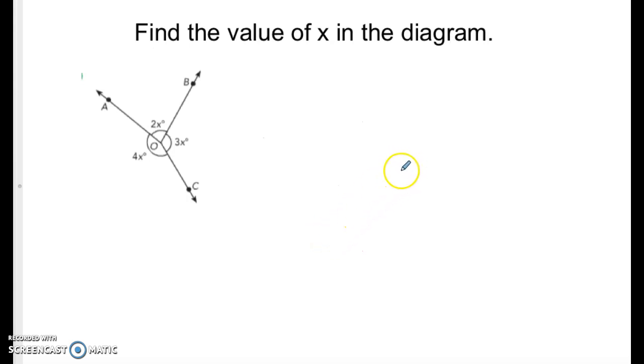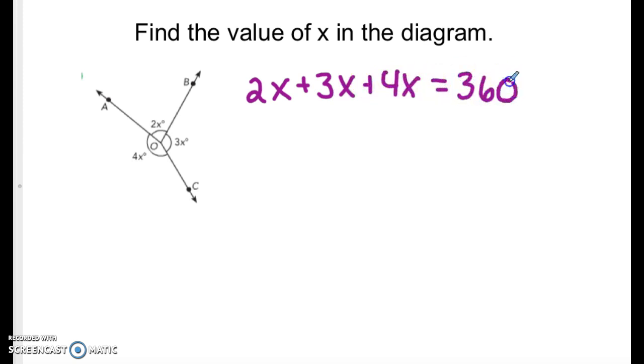In this example, we want to find the value of x in the diagram. We see here that these three angles share a vertex and they form a circle. So we know that 2x plus 3x plus 4x equals 360 degrees. And now we can solve for x. 2x plus 3x plus 4x equals 9x.